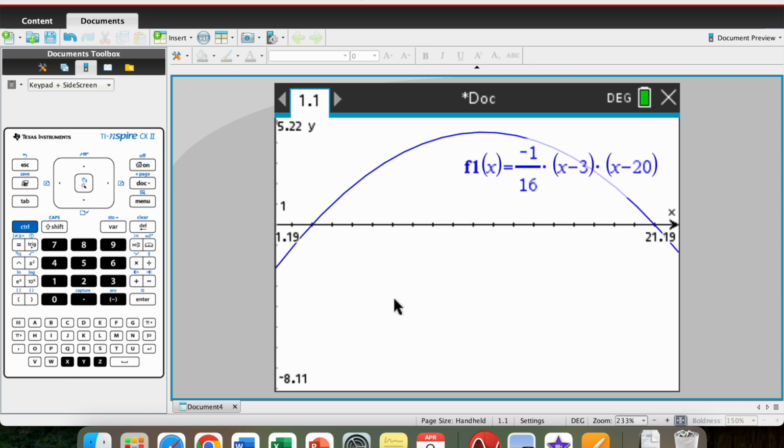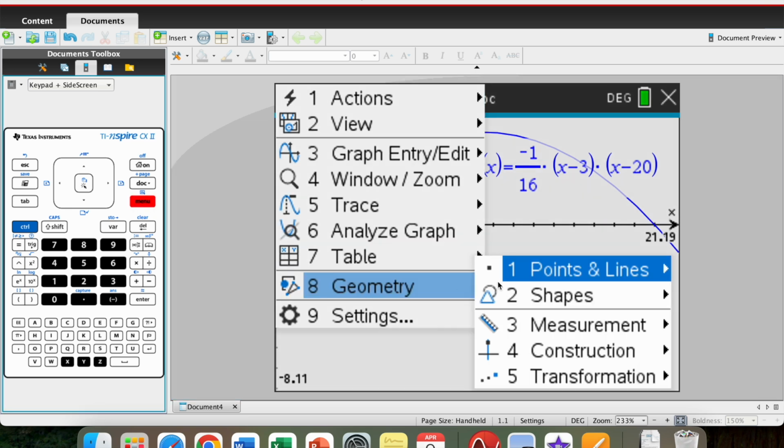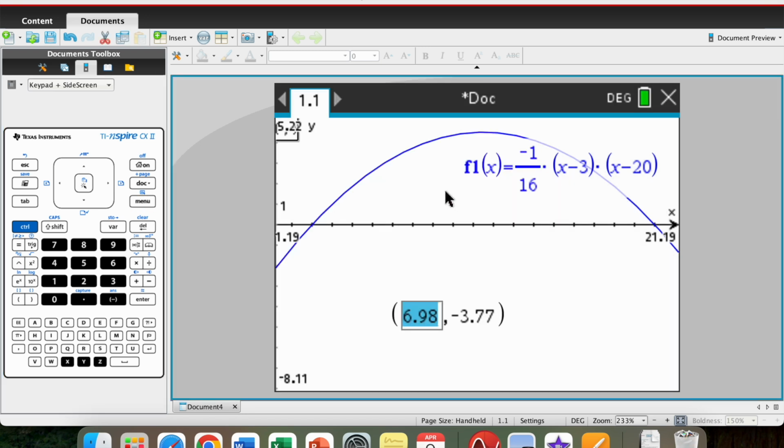So I go to menu, geometry, points and lines, point by coordinates to enter my first coordinate (3, 0). I enter 3, press enter, enter 0, press enter. Now the point (3, 0) has been created.